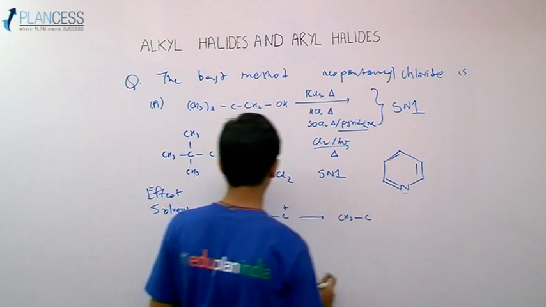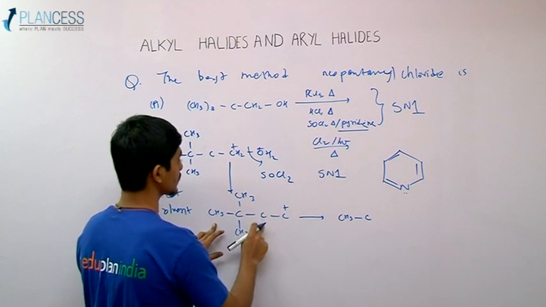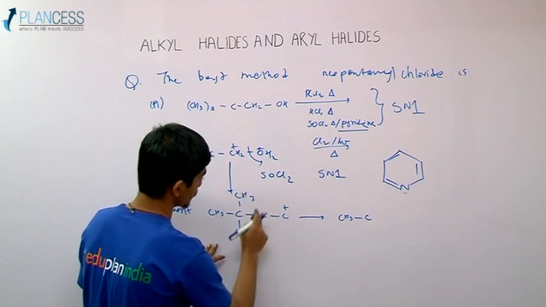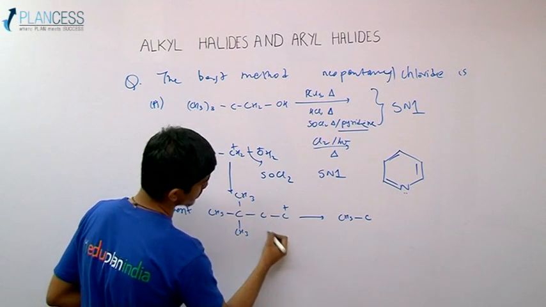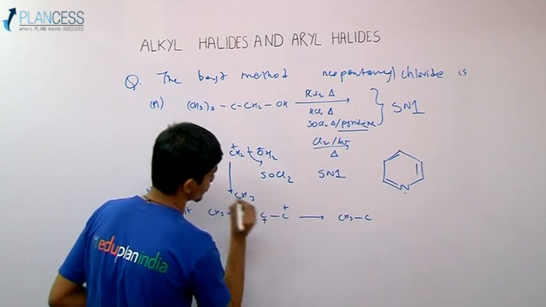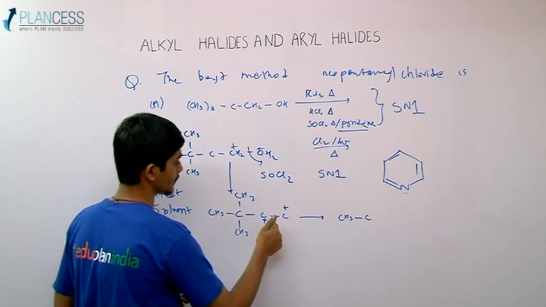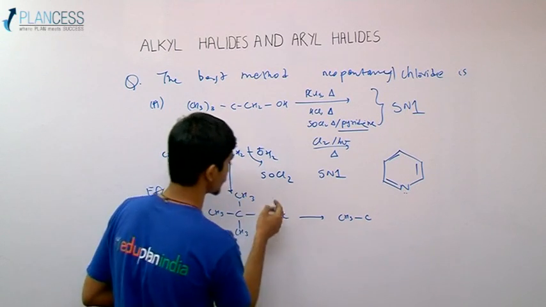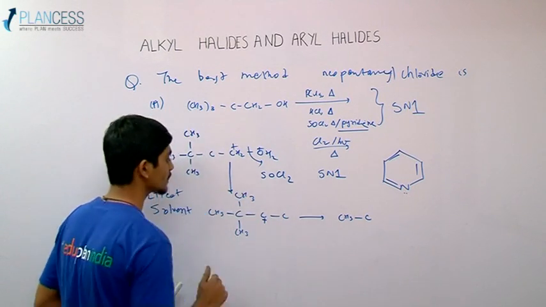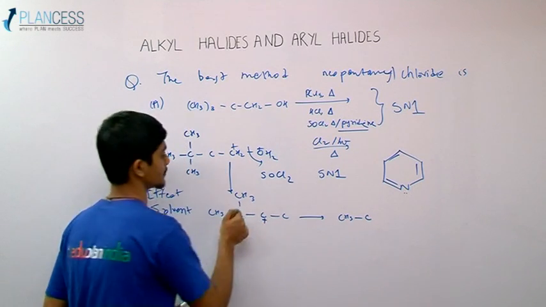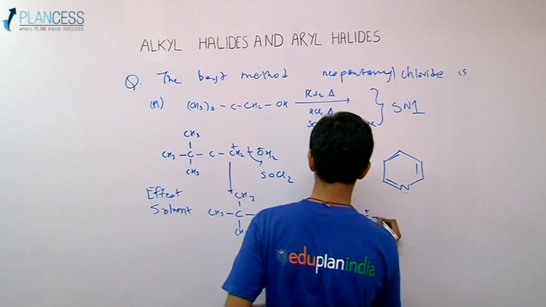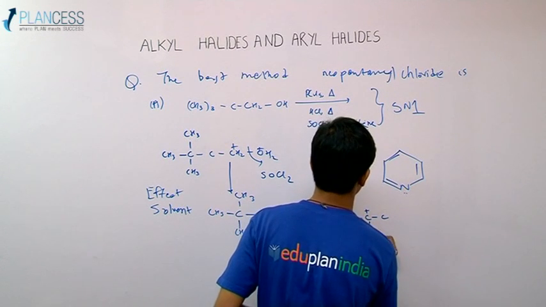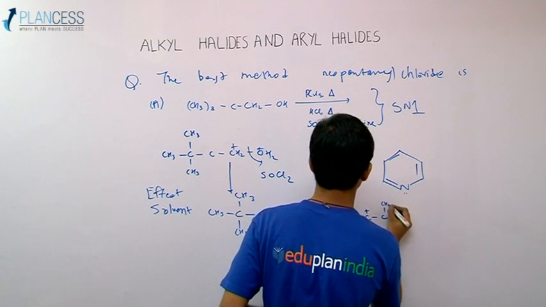The rearrangement happens with the migration of a CH3. First a hydride shift occurs so that it becomes a secondary carbocation, and then through a methyl shift it becomes a tertiary carbocation. So finally what we get is this kind of structure, with CH3, CH3.